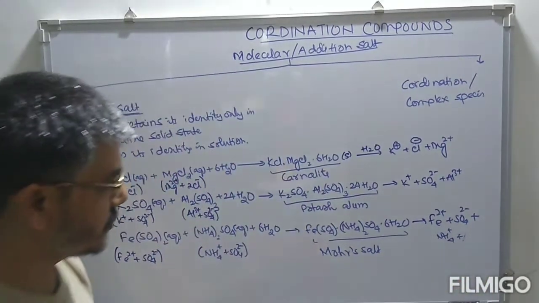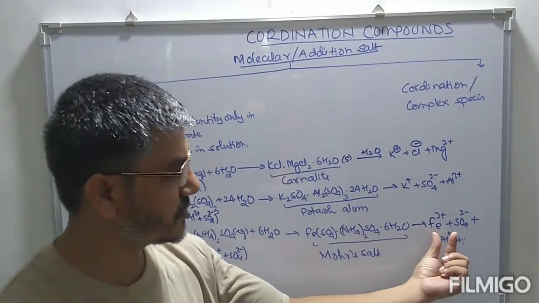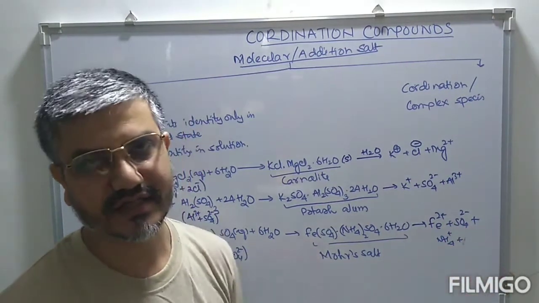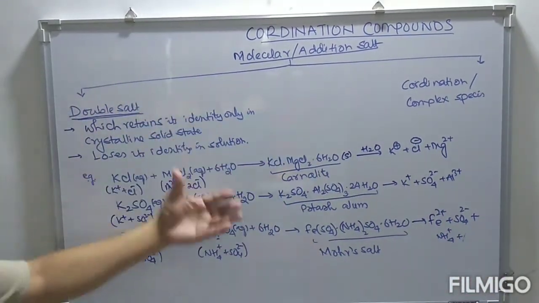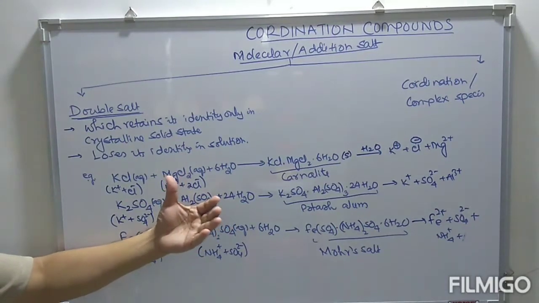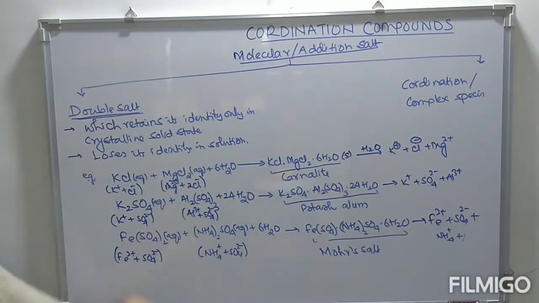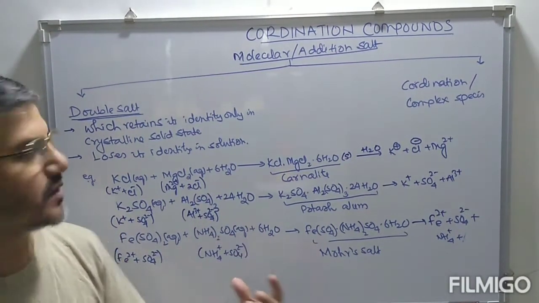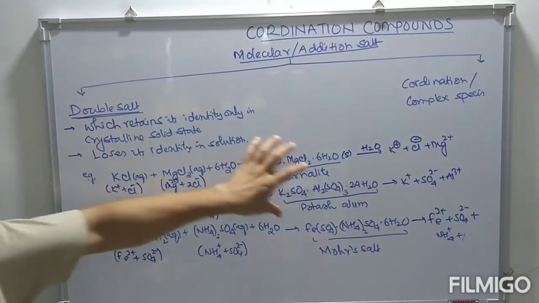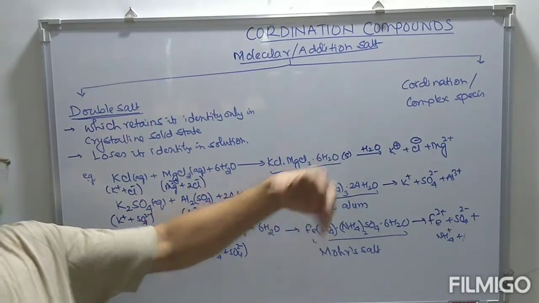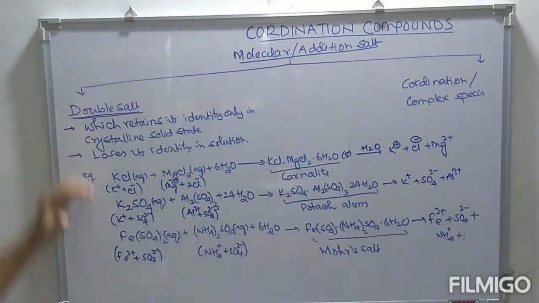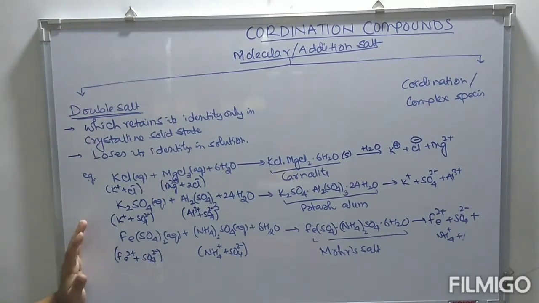So again, the aqueous solution of this Mohr's salt gives you the test of ferrous, ammonium as well as sulfate ion. So these types of salt exist only in solid state, retain their individuality or identity only in solid state, and lose their identity or existence in solution. So this is what we call a double salt, and these are the examples.